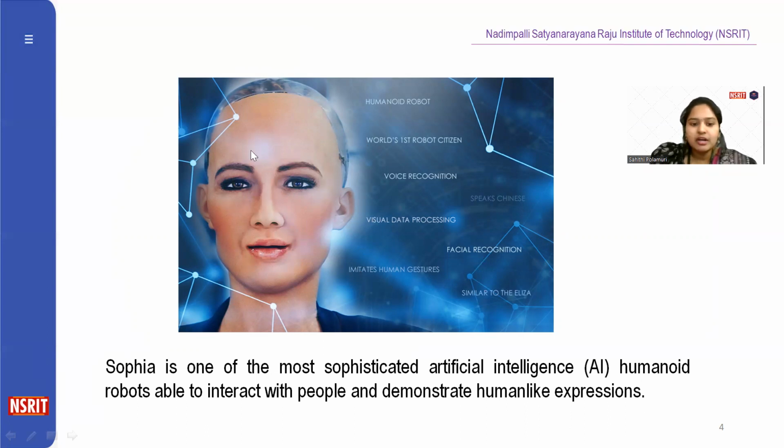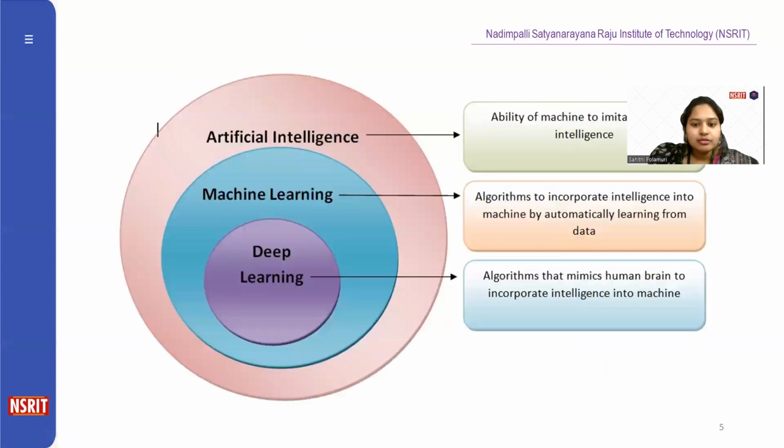So Sophia is one of the best real world examples of artificial intelligence. With the help of AI techniques and algorithms, we can make machines mimic human behavior.